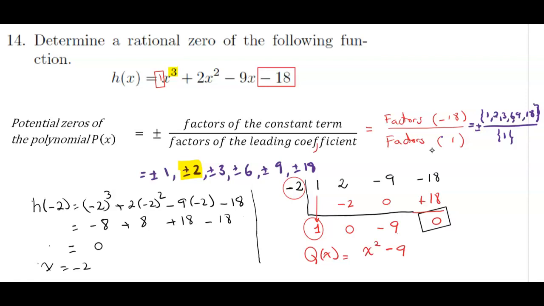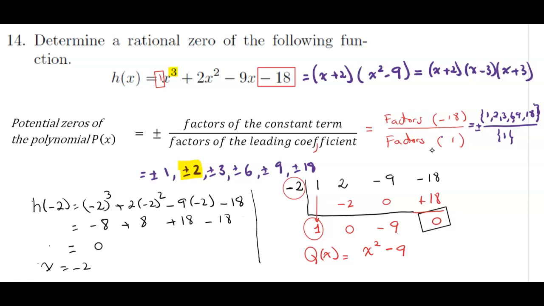So therefore I'm already done, because I know x minus minus 2, which is x plus 2, is a factor, times x squared minus 9. And you can notice x squared minus 9 is really easy to factor, so this is going to be x plus 2 times x minus 3 times x plus 3.